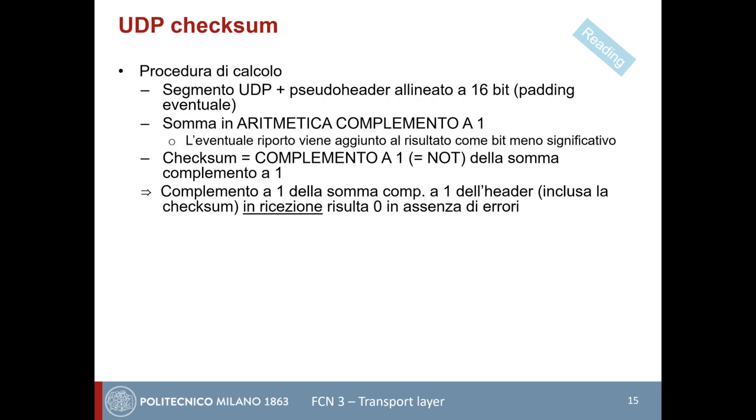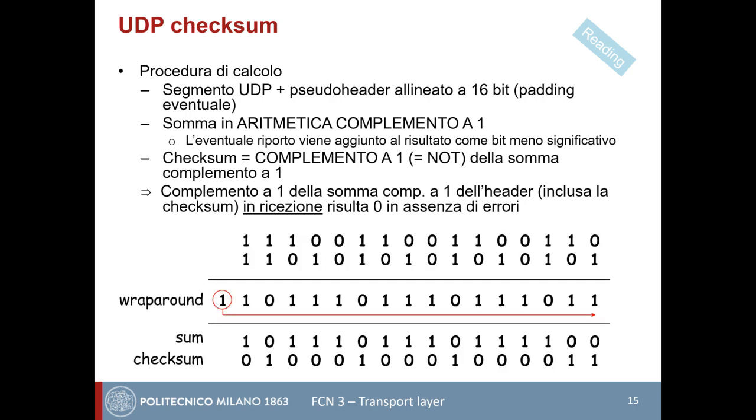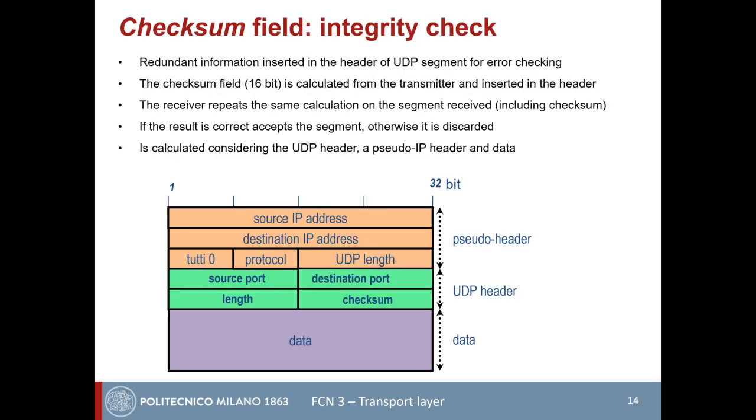There is a very strange arithmetic that is used to make these calculations. Basically, the calculation is based on the sum. So you take all the fields of the pseudo header, all the fields of the UDP header, and the data.